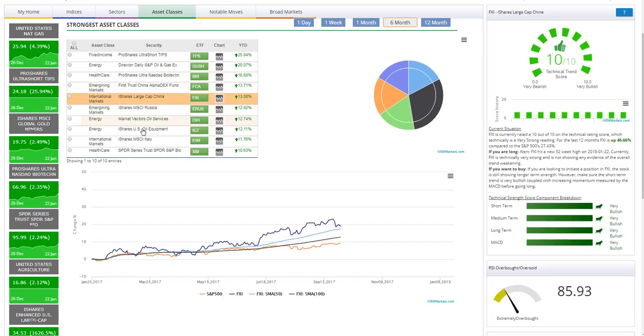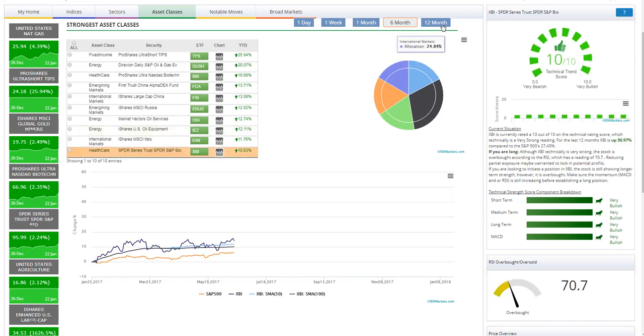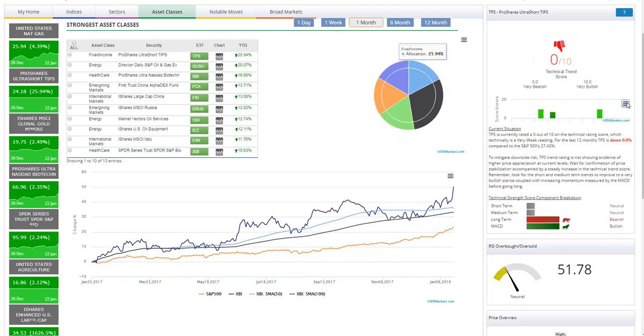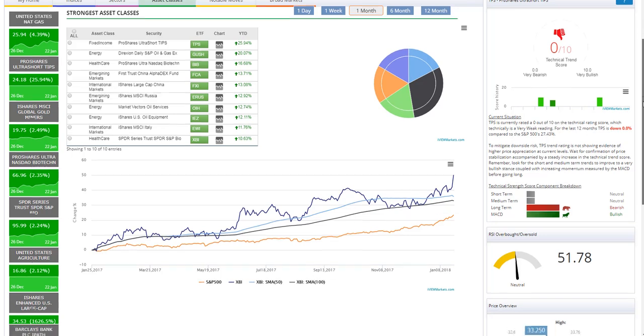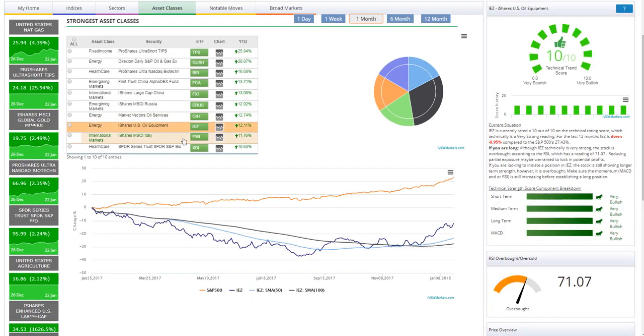And these could potentially give you some ideas of what is working as well. Okay, but if you want to get a little bit of a glimpse at potentially what's starting to work, we could look at a 1 month as well. And again, you could just put these into your watch list.